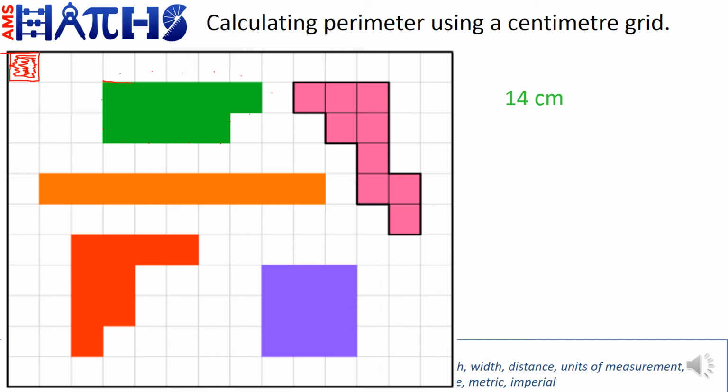So starting on top for me, 1, that's 1 centimeter, 2, 3, 4, 5, 6, 7, 8, 9, 10, 11, 12, 13, 14, 15, 16, 17, 18, 19, 20. So, the perimeter of the orange shape is 20 centimeters.